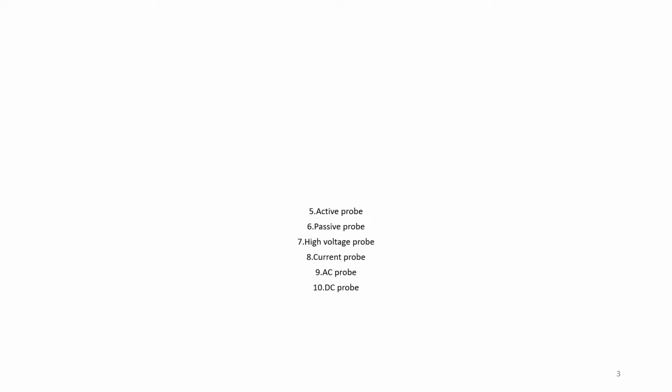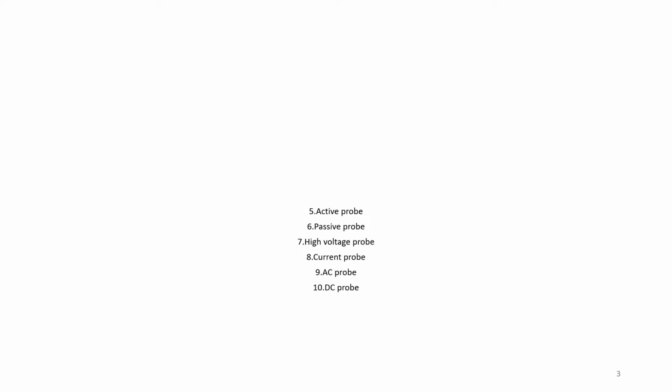Active probes commonly present the circuit under test with a capacitance of 1 picofarad or less in parallel with 1 megaohm. Probes are connected to the oscilloscope with a cable matching the characteristic impedance of the CRO input.